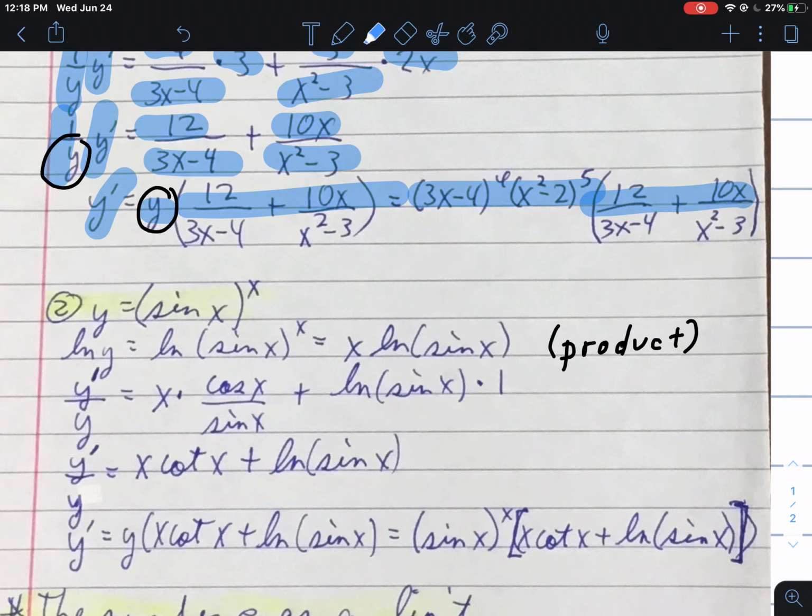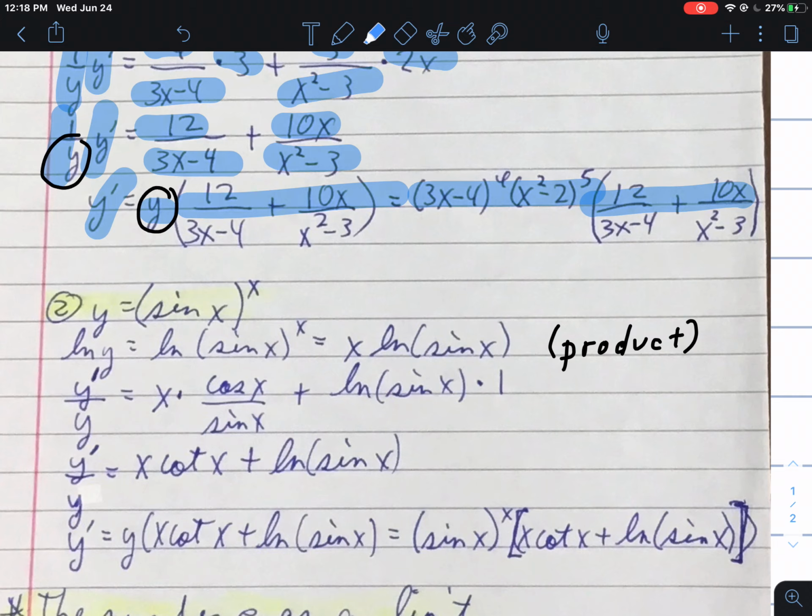If you look at number 2, y equals the sine of x raised to the x power. Now, we talk about with derivatives, when we go to differentiate a function, the first question is, what type of function do I see? Yes, there's a trig function there, sine of x, but that trig function is the base of that function, sine x raised to the x power.